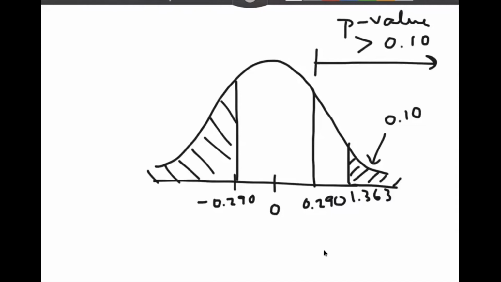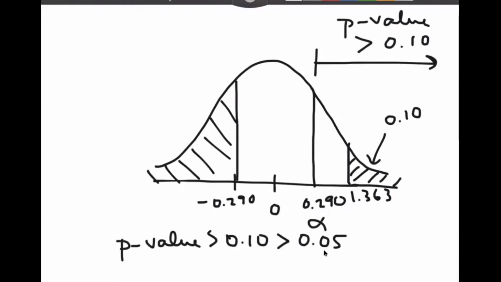This is good enough for what we're trying to do because we just want to compare our p-value to alpha, the level of significance. So what I would say is, since my p-value is greater than 0.10, which is greater than 0.05, my alpha value, I could still say fail to reject the null hypothesis.